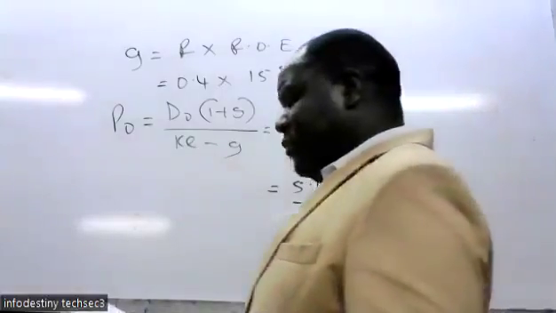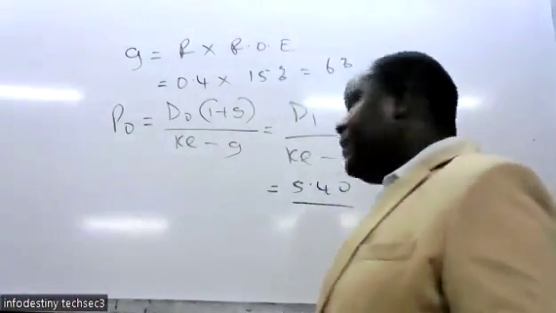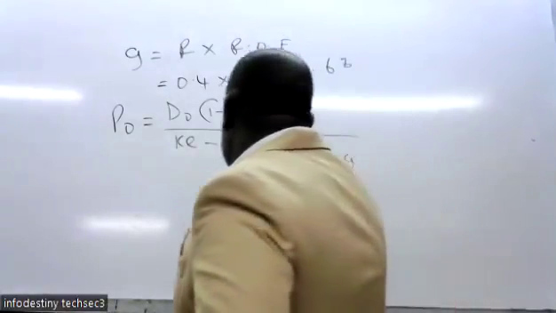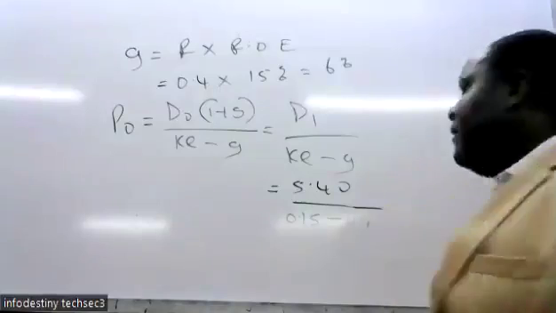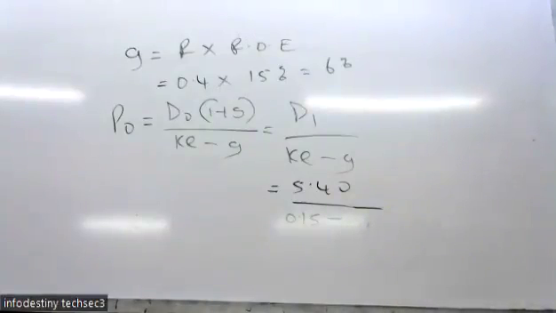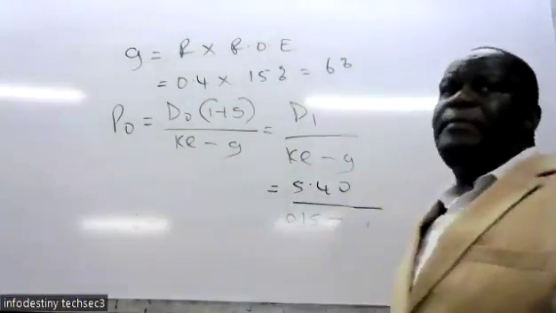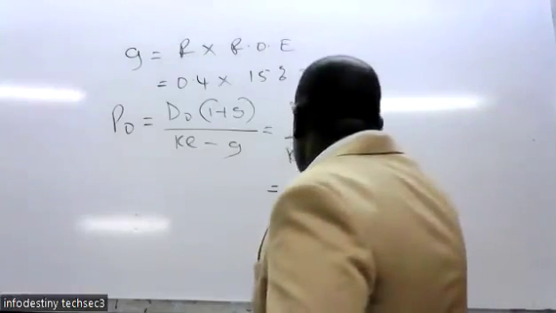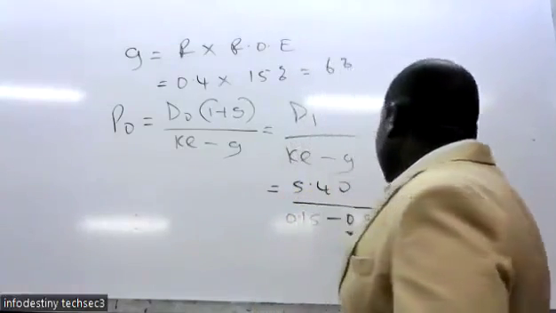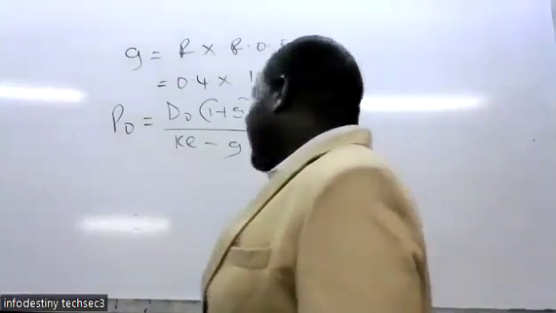You can see it is 15%, which is the same as 0.15. Then we minus g. The g we have just calculated, we got 6%, which is the same as 0.06.